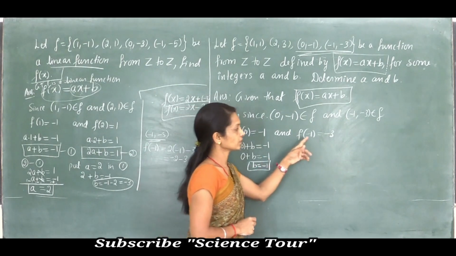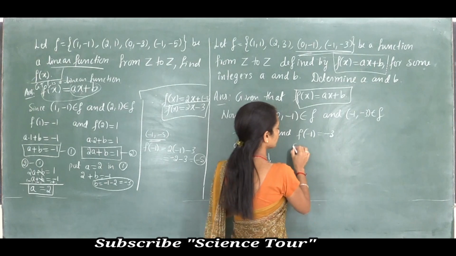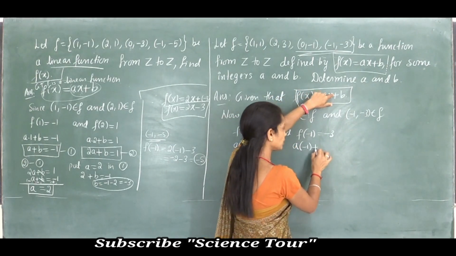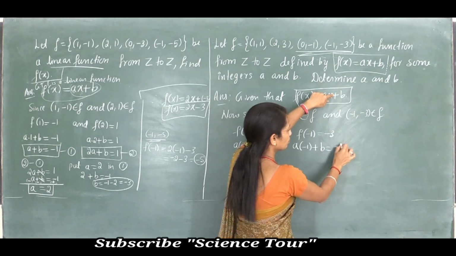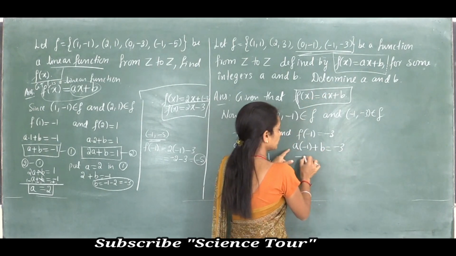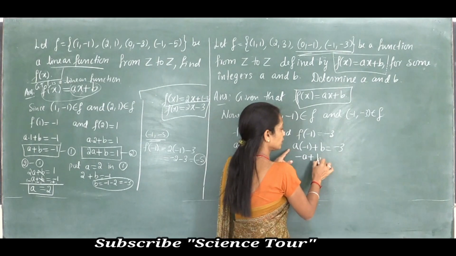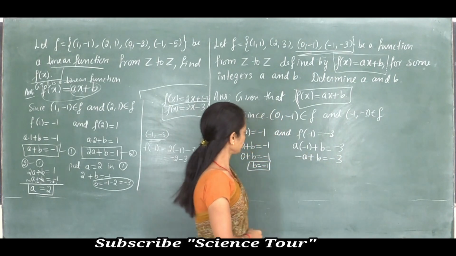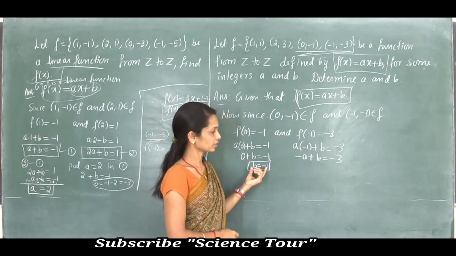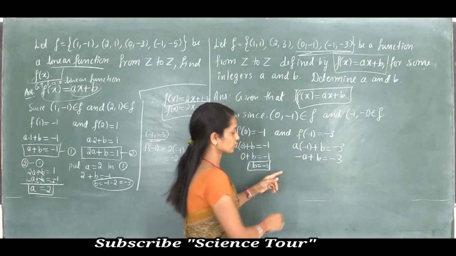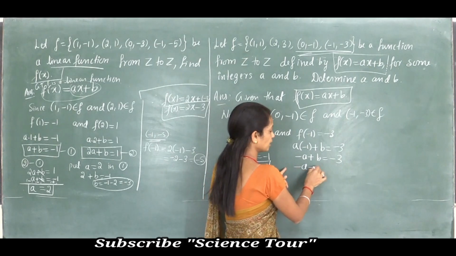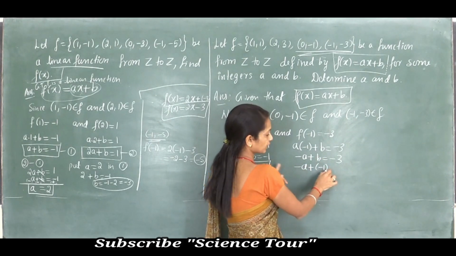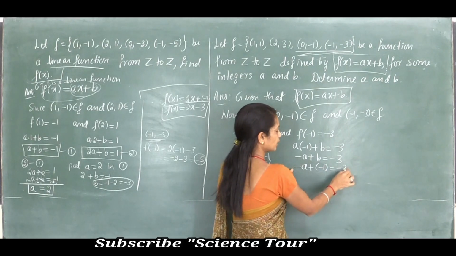Now what is f of minus 1 according to this? a into x plus b; now we have to use minus 1, so a into minus 1 plus b is equal to minus 3. a into minus 1, that is minus a, plus b is equal to minus 3. If you simplify this, you will get like this, and now we have b is equal to minus 1, right? Use that here. So then this becomes minus a plus b, where b is minus 1, is equal to minus 3.